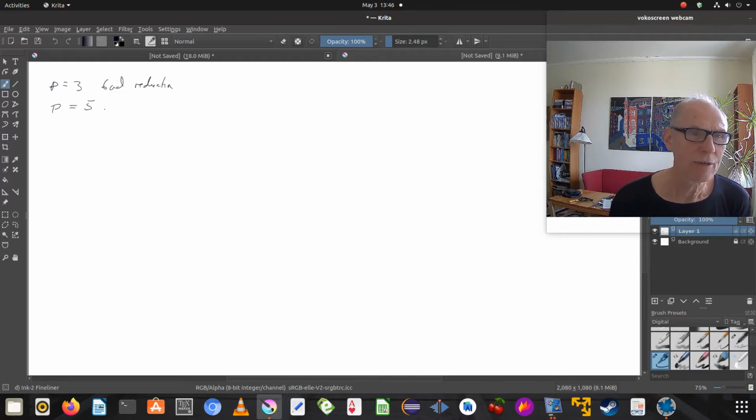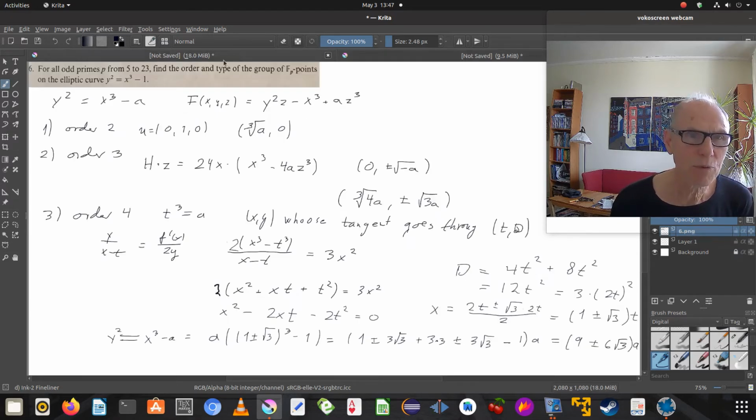And it's congruent to 2 modulo 3, meaning that the group of additive points, let's call it G, has 6 points. That means that it must have 2 points of order 2 and 3 points of order 3, so the type must be 2.3. And does it agree with what we've found here?